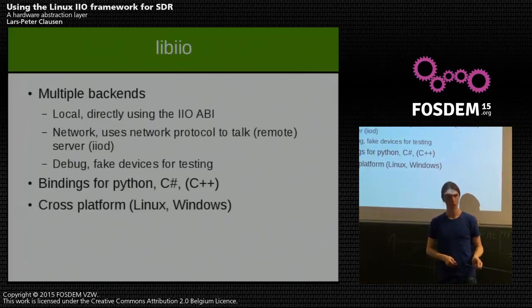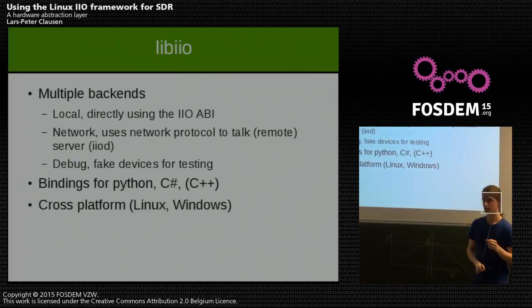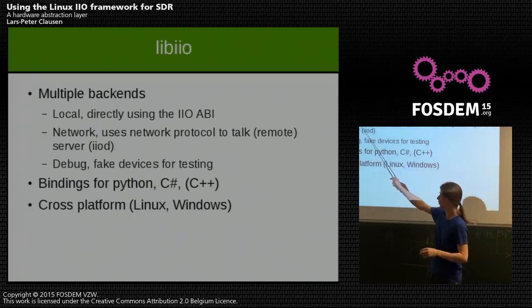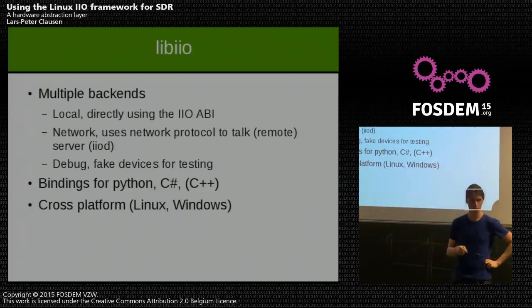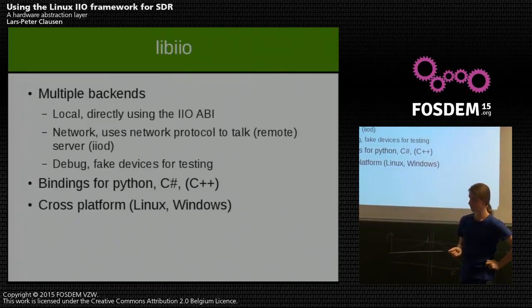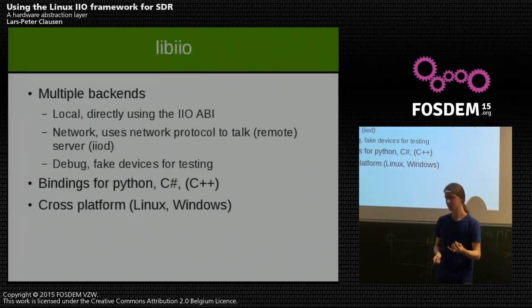Another thing that libIO provides is it has internally an abstraction layer itself, which allows it to have multiple backends. And one backend is the local backend, which will directly talk to the sysfs files. But a different backend is a network backend. So we have a daemon, which you can run on a board.